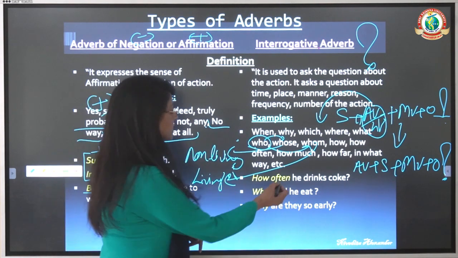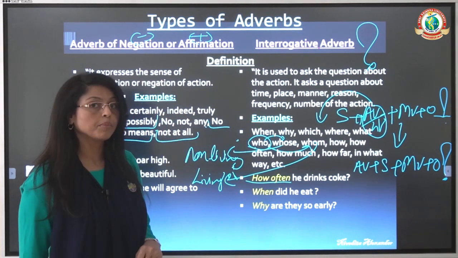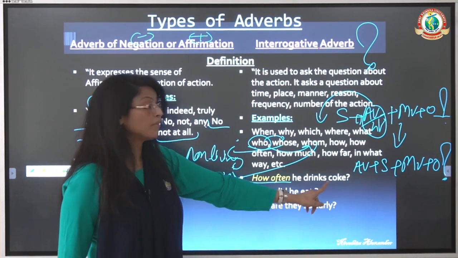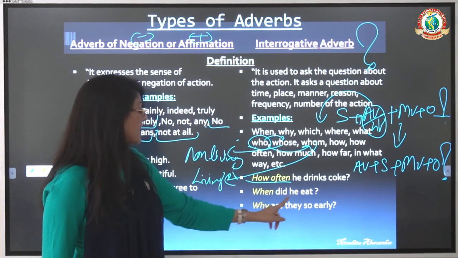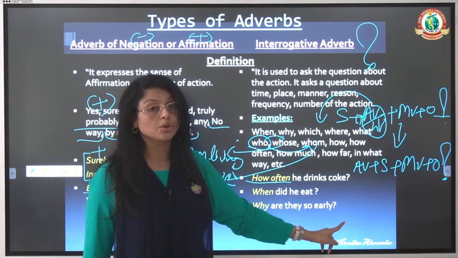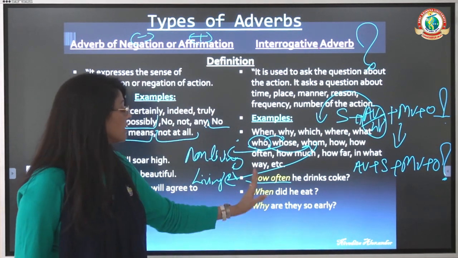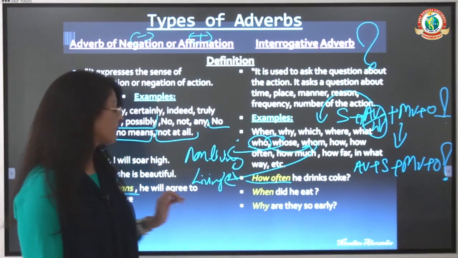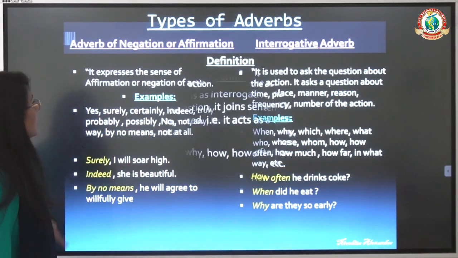So how often is a question being posed and hence it is an interrogative adverb because of the question mark, right? When did he eat? Why are they so early? So whenever a question is being asked, these are called interrogative adverbs, clear?